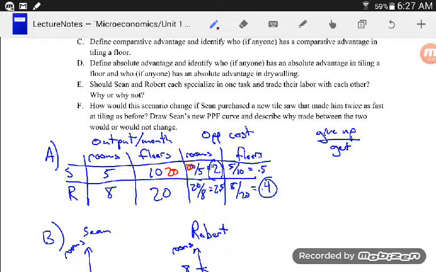Maybe draw a new graph on the test, otherwise it gets really unclear. It becomes 4, and now 2.5 is actually less than 4, and so now Robert has a comparative advantage there, and this becomes 0.25, and Sean actually has the comparative advantage when it comes to floors.